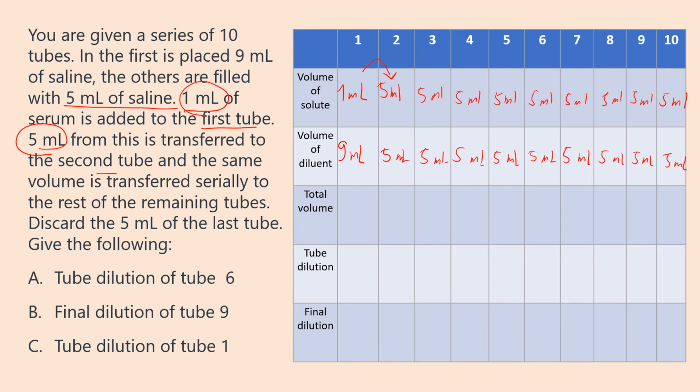Now, what is the total volume of the solution? So you have 10 ml, 5 plus 5, so it's 10. So actually, all the tubes have the same total volume, and that is 10 ml.